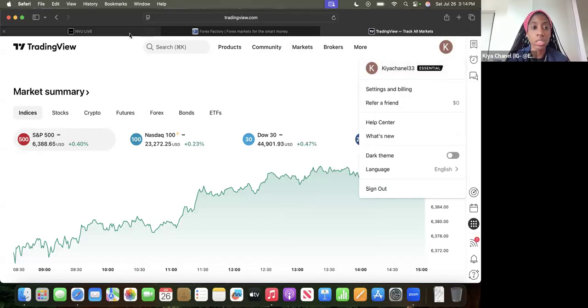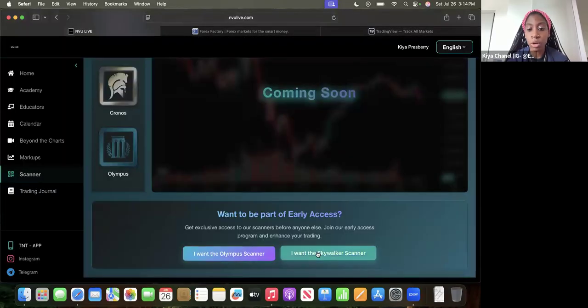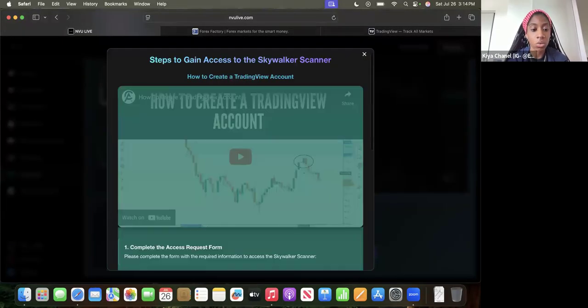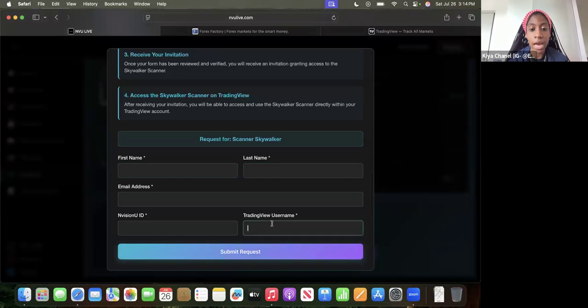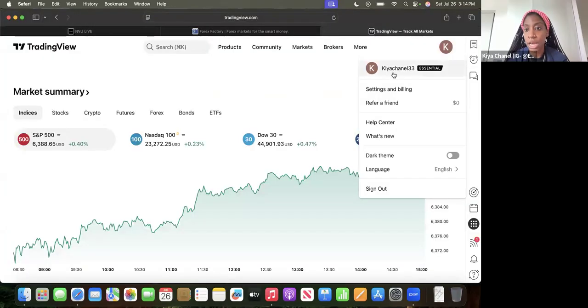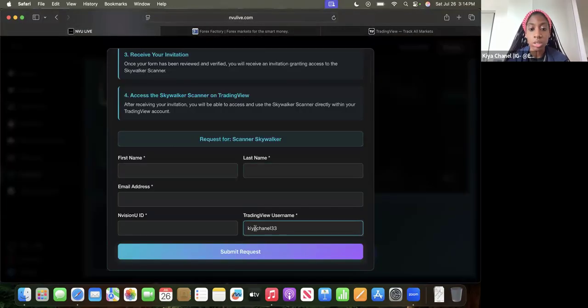So that's what you need to put into the form that is on NVU Live right here. For example, my TradingView username is Kiya Chanel 33. So that would be what I would put in this part right here.